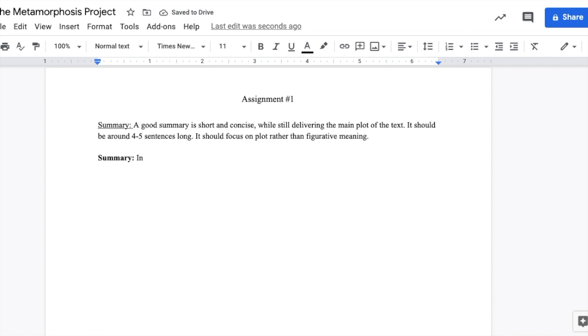So now a practice summary that is created for this text would be: In Franz Kafka's novel, The Metamorphosis, Gregor, a traveling salesman, wakes up one morning completely transformed into a bug-like creature.